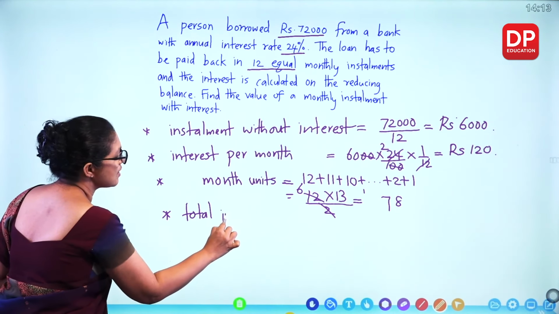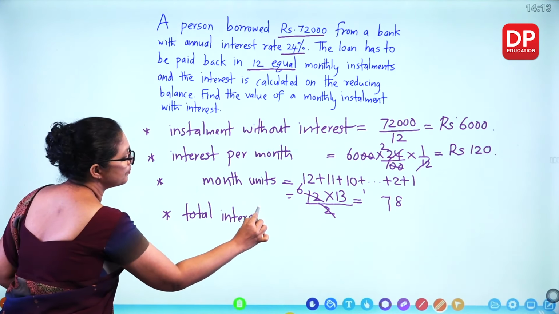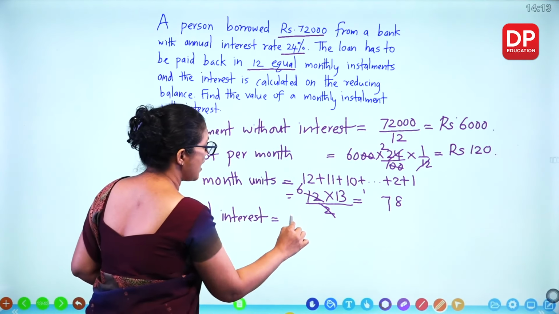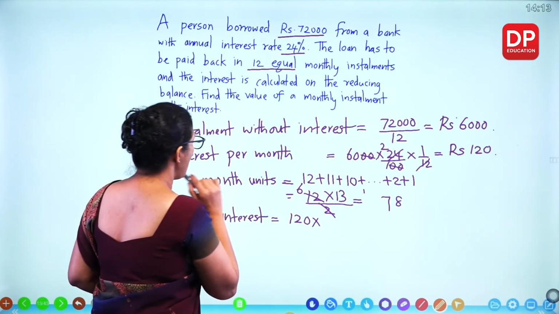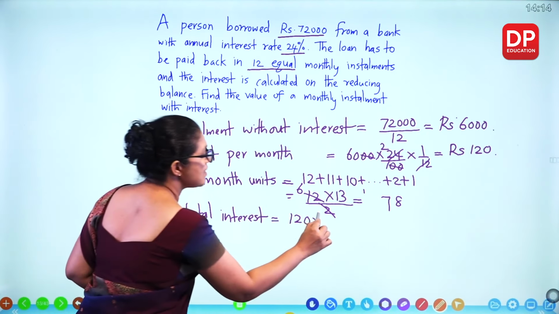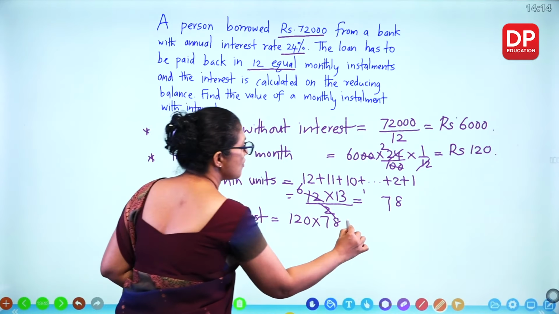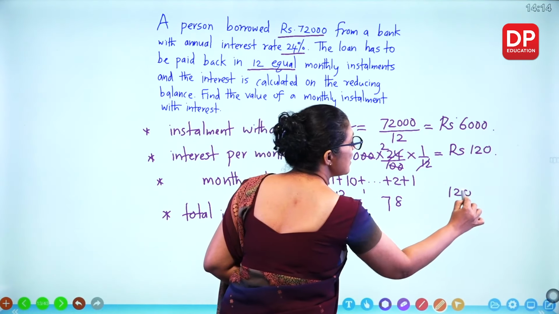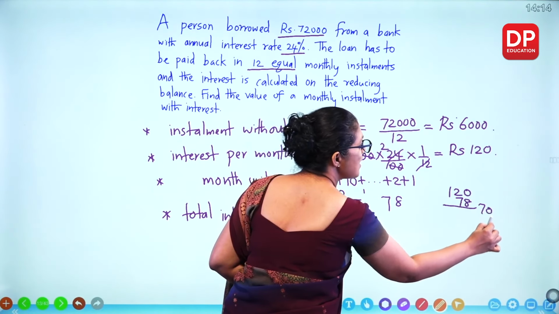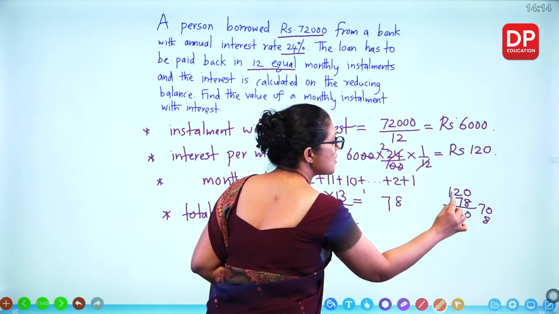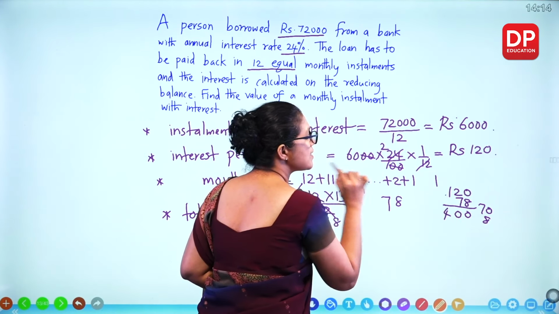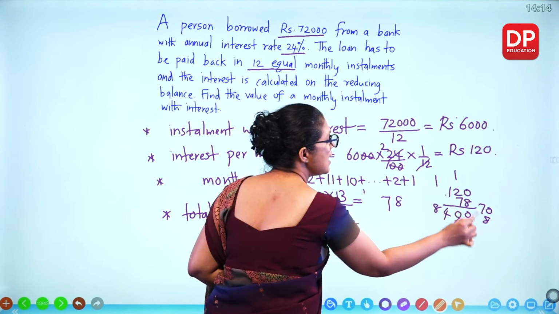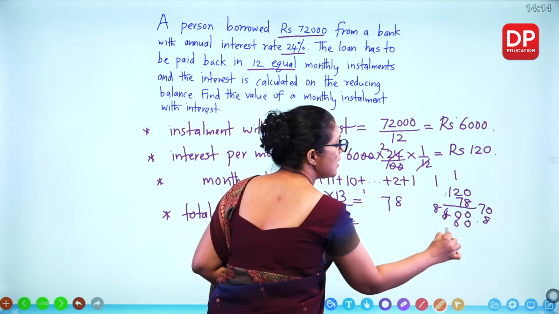So what's the total interest you have to pay? You have to pay each month 120 for how many month units? 78. So calculate and see. 120 into 78. 7 times 0, 7 times 2, 14, 7 times 1, 7, plus 1, 8. 8 times 0, 0, 8 times 2, 16, 8 times 1, 8, plus 1, 9.